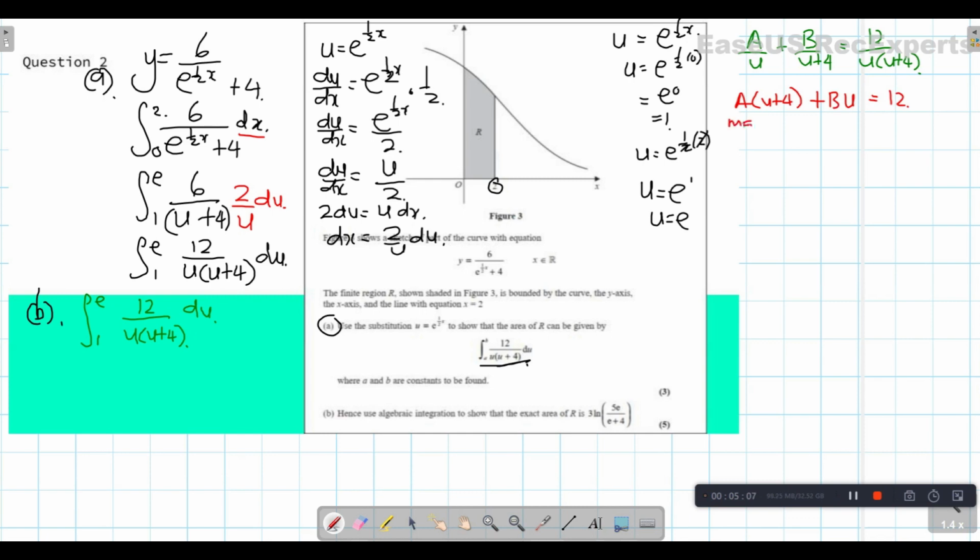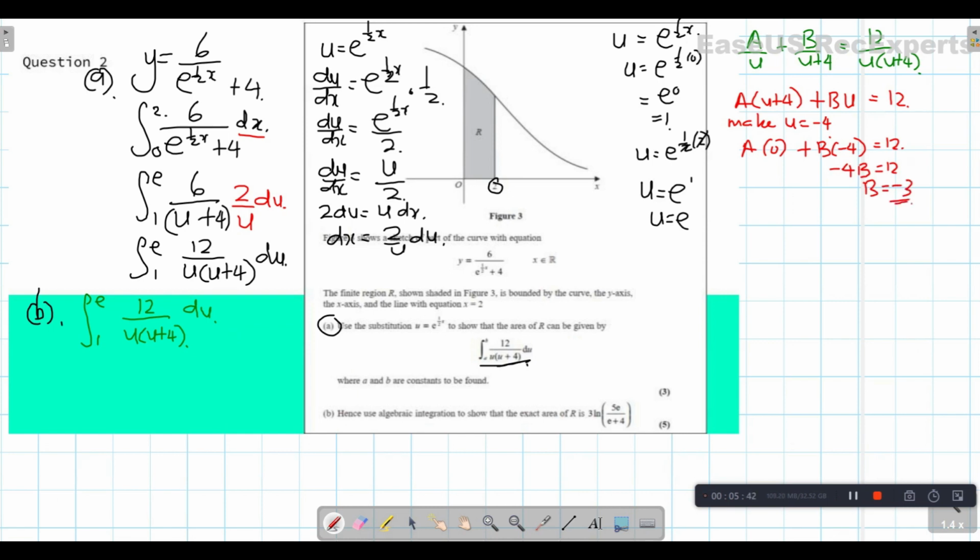Now make u equal to negative 4. In partial fractions we need to eliminate one of the terms to get the other. So when u equals negative 4, a becomes 0, plus b times negative 4 equals 12. So negative 4b equals 12.